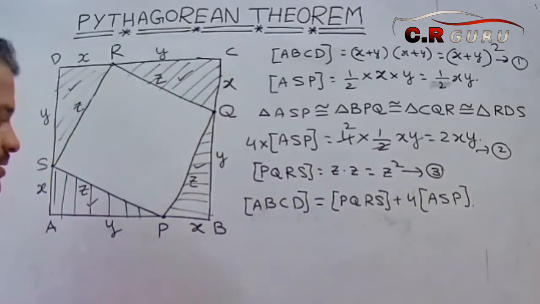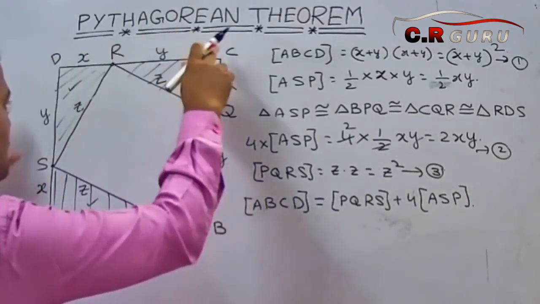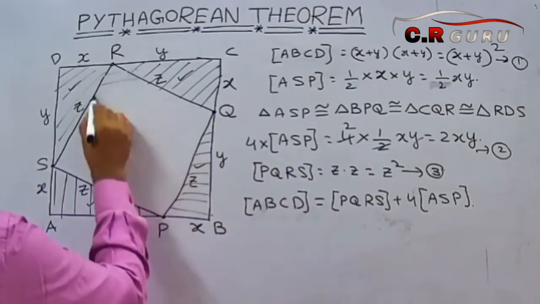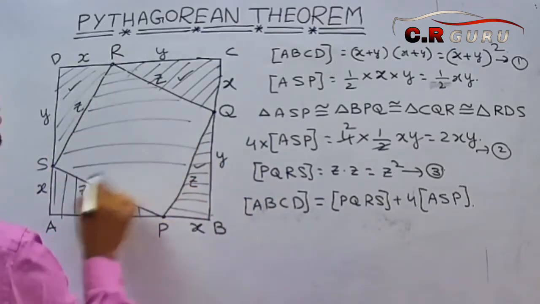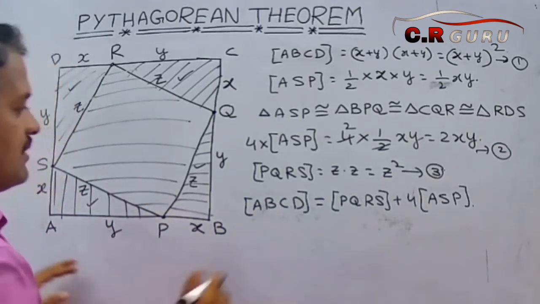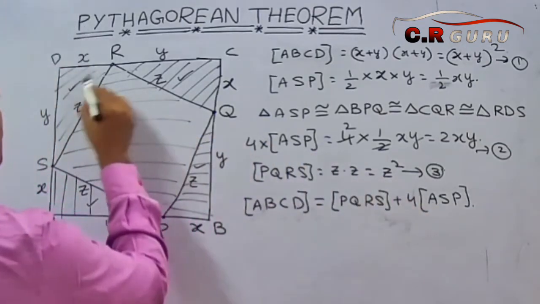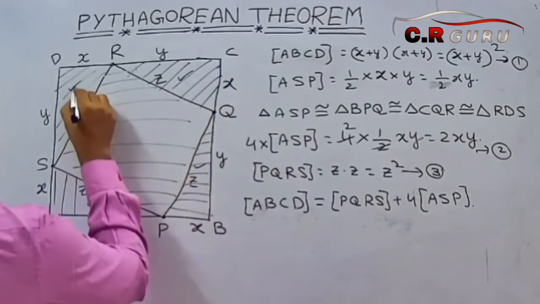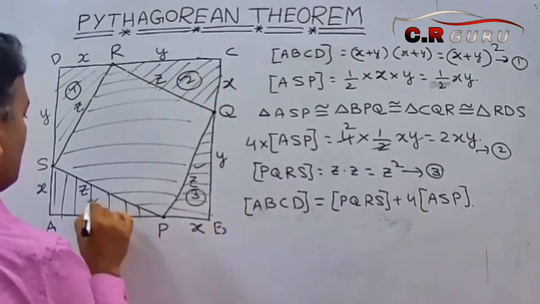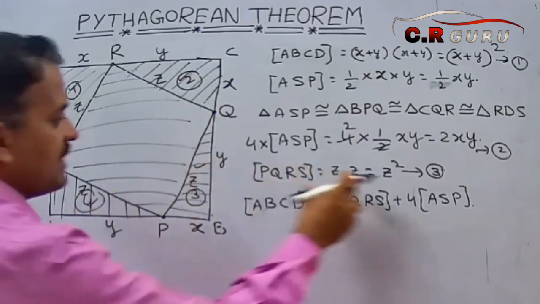This whole part equals the inside square, this one, plus 4 into ASP, meaning this one, this one, this one, this one: the first, second, third and fourth triangles. So that is 4 into the same area.